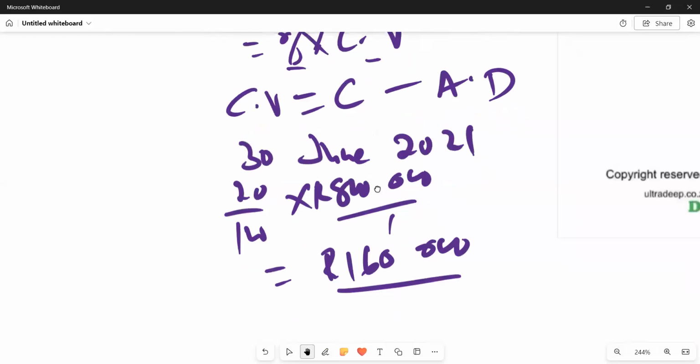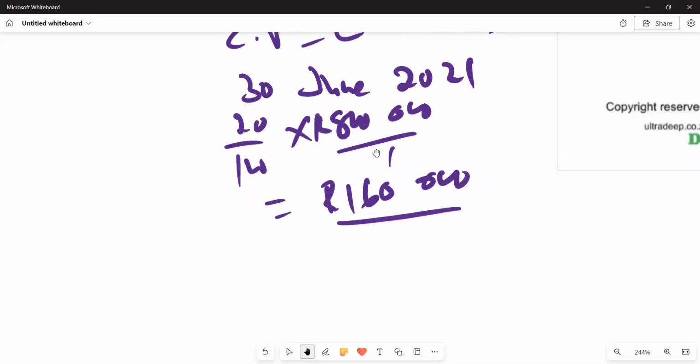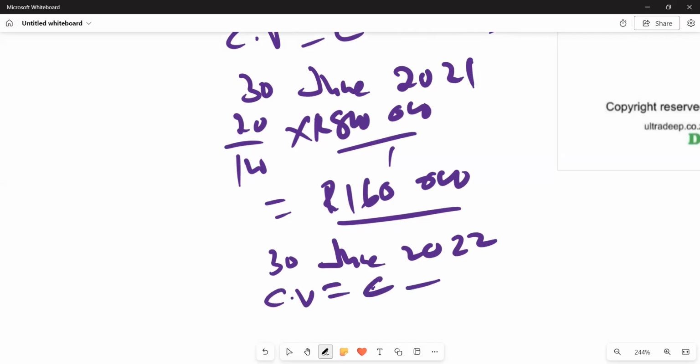But for the second year now, by 30 June 2022, that's where we are ending. For the second year, we had accumulated depreciation at the beginning of the year. So we are first of all calculating carrying value, whereby we say it's cost minus accumulated depreciation. Accumulated depreciation means depreciation from the day we purchased that asset up to today.